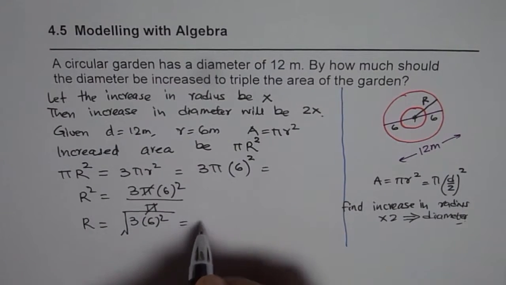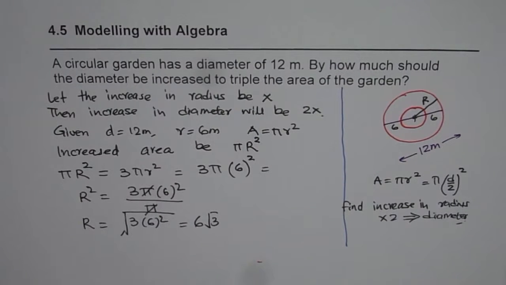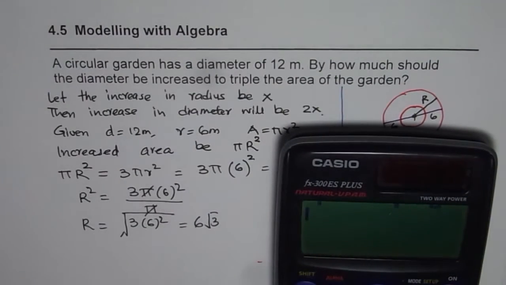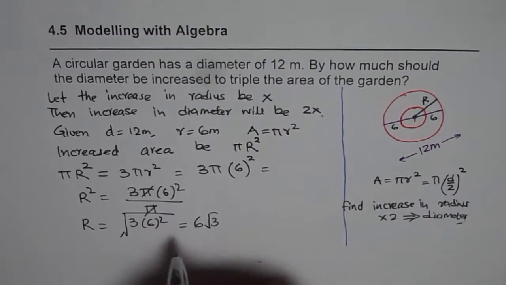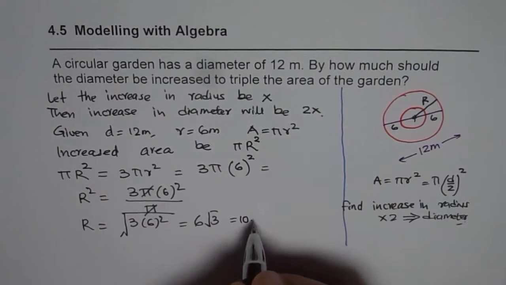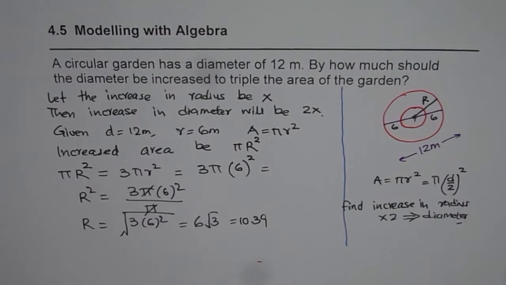The square root will give us 6 square root 3. Do you see that? So that is our capital R. Well, we can also use a calculator to find this value, which is 6 times square root of 3. In decimals, it is 10.39 something. Let's write 10.39. So this is the bigger radius, right?